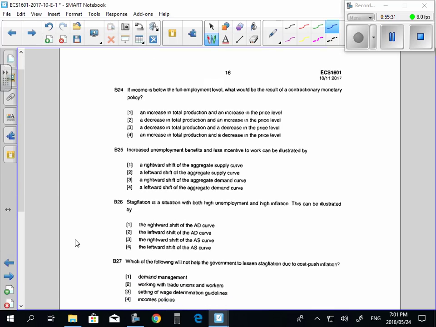If income is below the full employment level, what would be the result of a contractionary monetary policy? If we run a contractionary monetary policy, we decrease total production and decrease the price level. Increased unemployment benefits and less incentive to work can be illustrated by, now, employment, or rather labor, affects our aggregate supply curve.